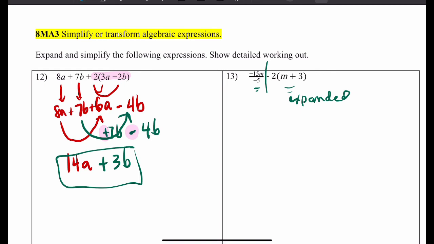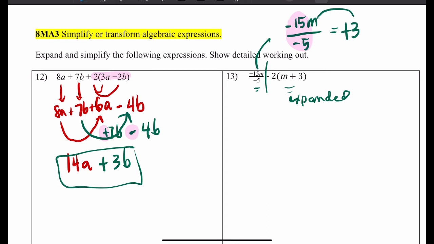So this is negative 15m over negative 5. So you can divide it, because 5 is a factor of 15. So negative 15 divided by negative 5 is equal to positive 3.